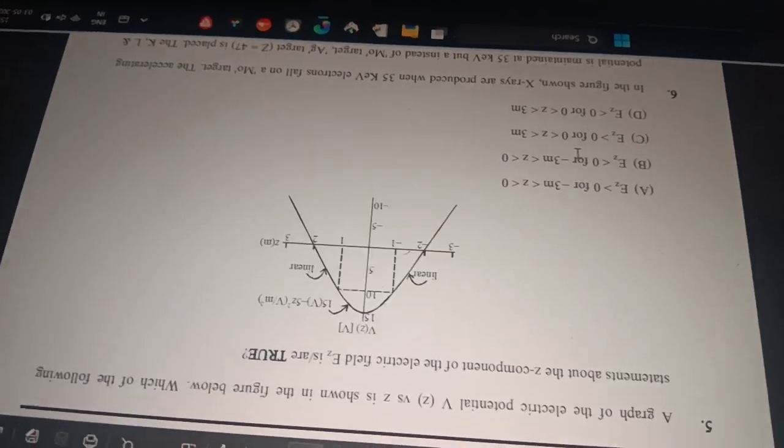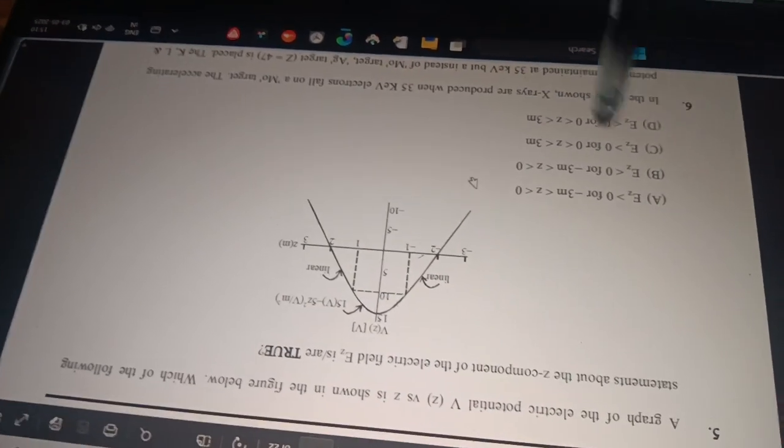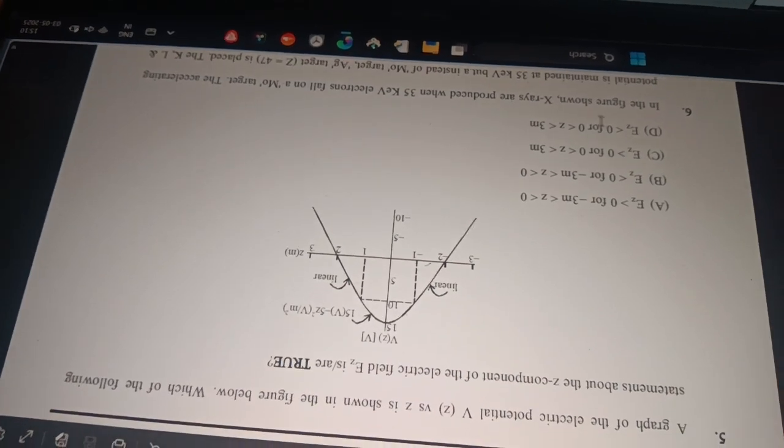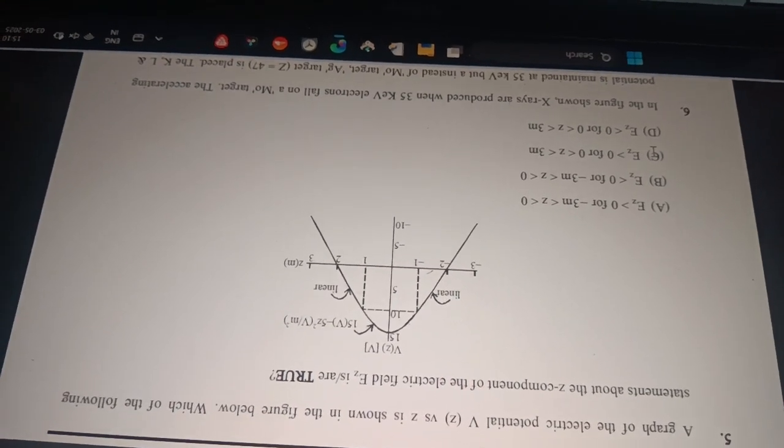So in this case, for less than 0 to -3, the electric field is in this direction, and in the negative direction the electric field will be taken negative, so option B is correct. And for the positive side it would be positive, so options B and C are correct.